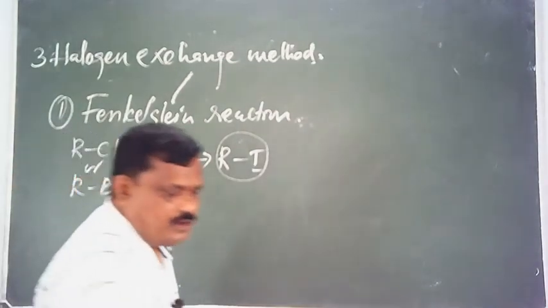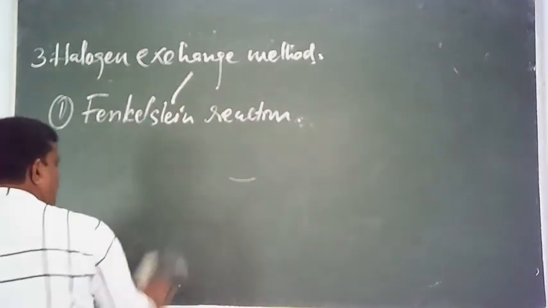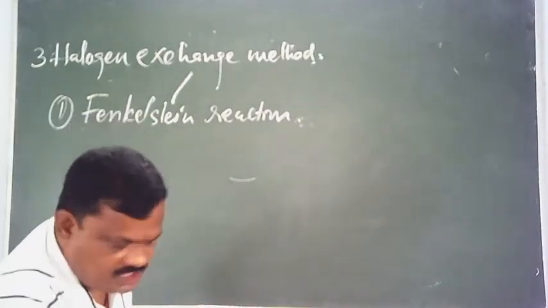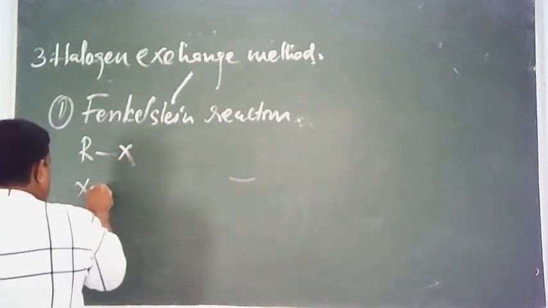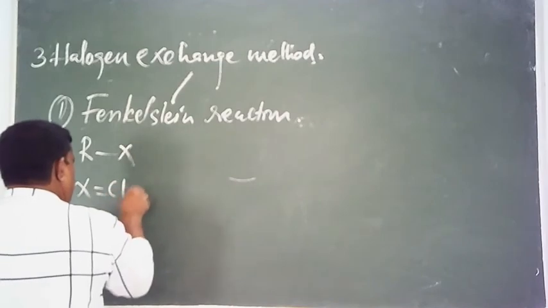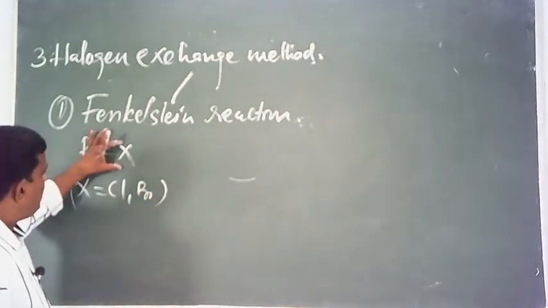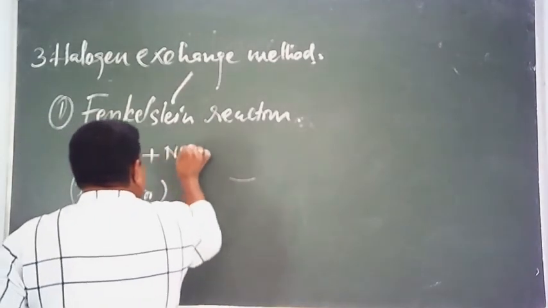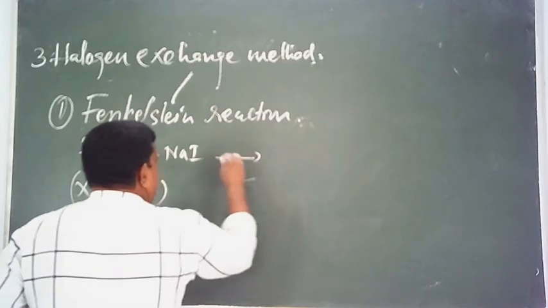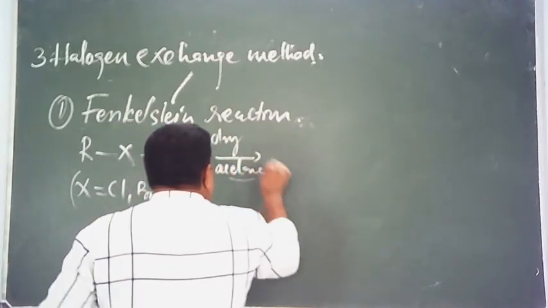Let me give the reaction. General equation for this reaction is like this. Alkyl halide RX, X may be chlorine or even bromine. Alkyl chloride or even alkyl bromide, RX, is treated with sodium iodide in dry acetone.